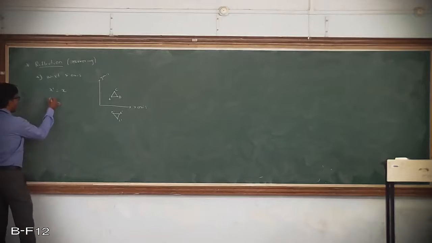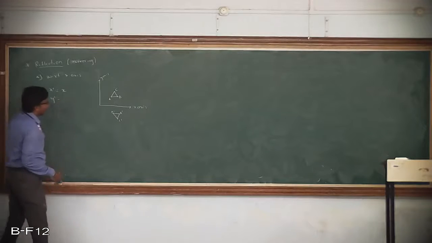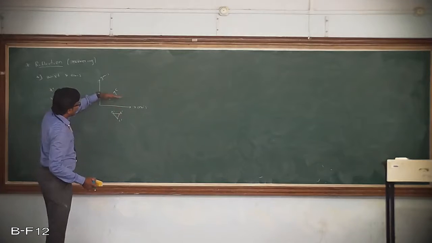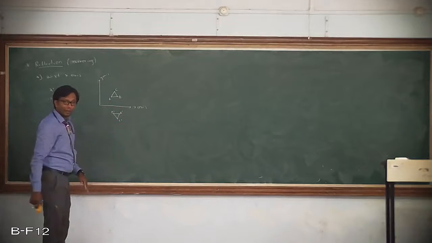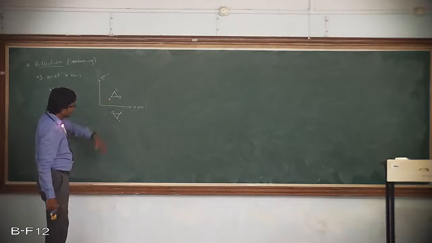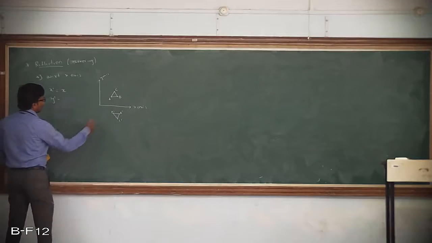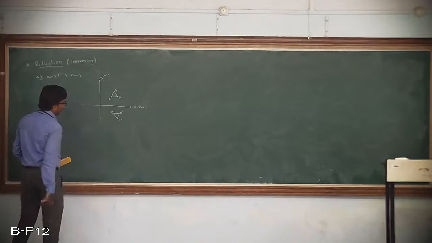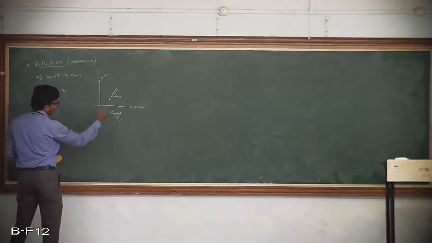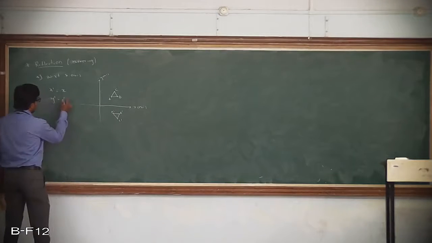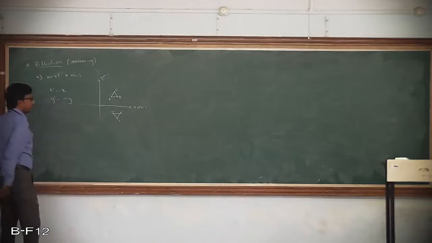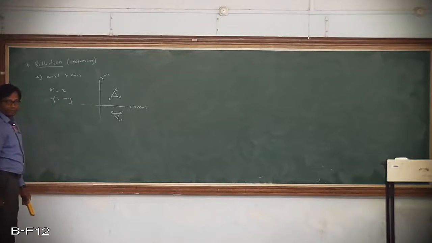What will be y dash? As it is a mirrored object, with respect to the base, the same distance will be reflected back. As it is in a downward direction, in the coordinate system plus y, plus x, minus x, it is in the minus range, so y dash will be equal to minus y.